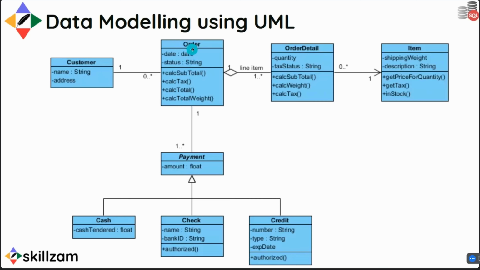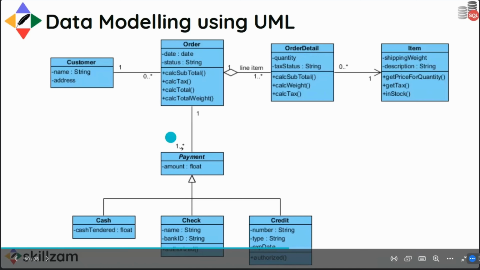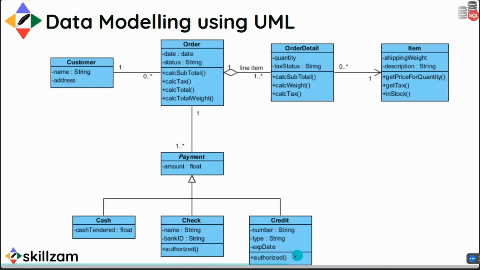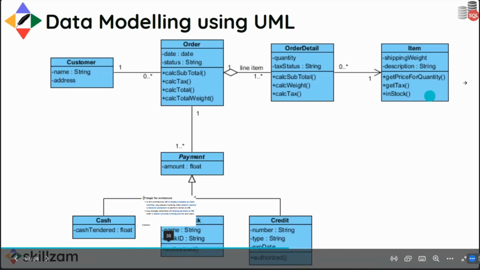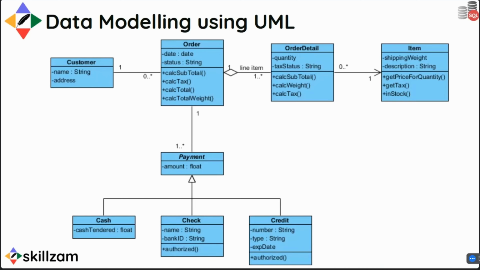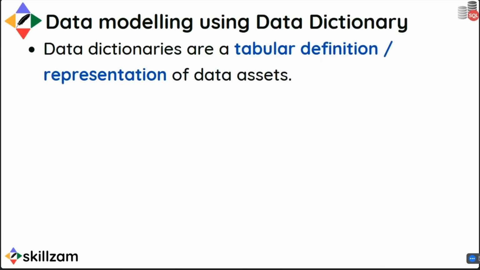The class is order. In the same way, there are order detail, item, payment, cash, check, credit. All these are classes, and they contain the attributes, and then these are the methods. What you see here as functions are nothing but methods. This is also a way to do data modeling, like the way we do the ER diagram. There is also a way we can do it by UML diagram.